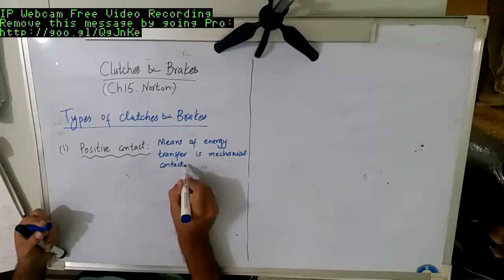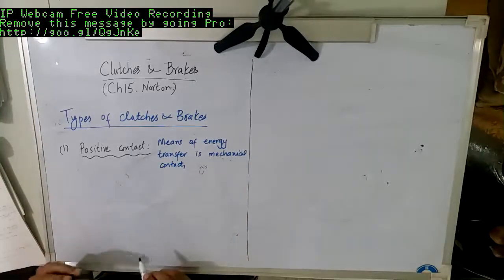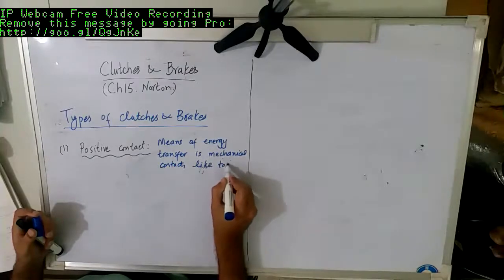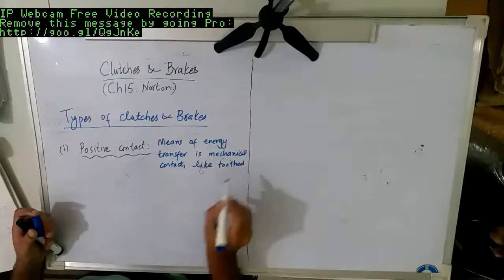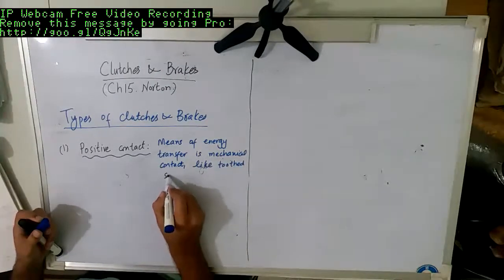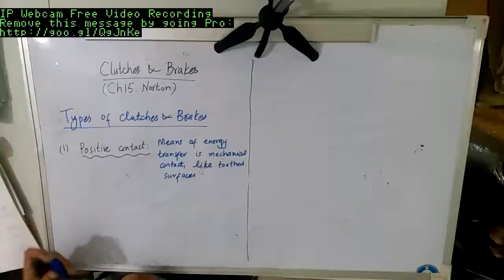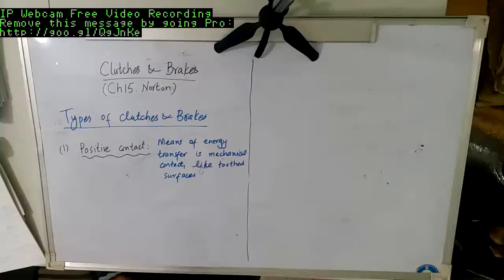And how is that contact established? So generally there are toothed surfaces on both sides, on both elements, right? So you can see a figure of this on the top figure on page 7 of the handout.